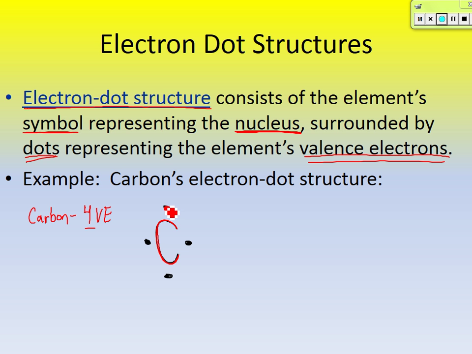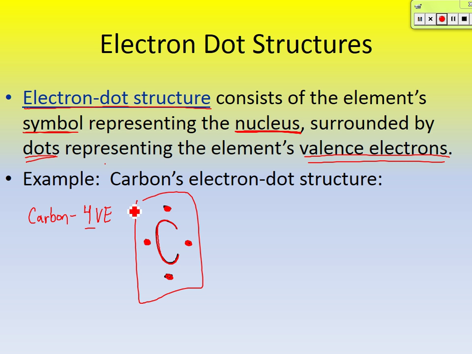You always start at the top, and you work yourself around, putting 1 dot on each side in a clockwise manner. So 1 at the top, then 2 on the right, and 3, and 4. So 1 dot per side, and it's got 4 valence electrons. There's carbon's electron dot structure. This would be the answer.